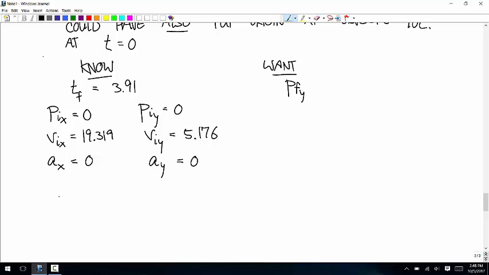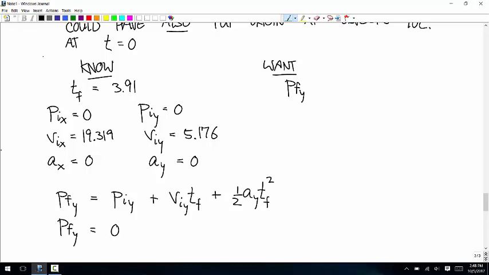And so now we use this equation. P final y is equal to P initial y plus V initial y t final plus 1/2 a y t final squared. So we get 0 plus 5.176 times 3.91, and that answer is 20.28.